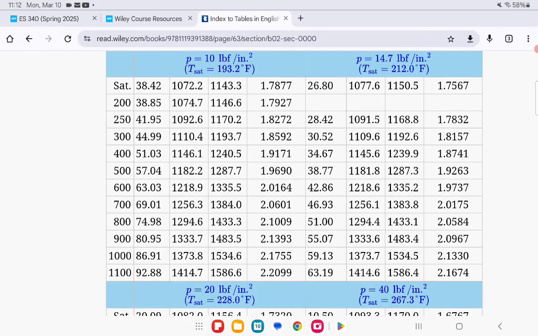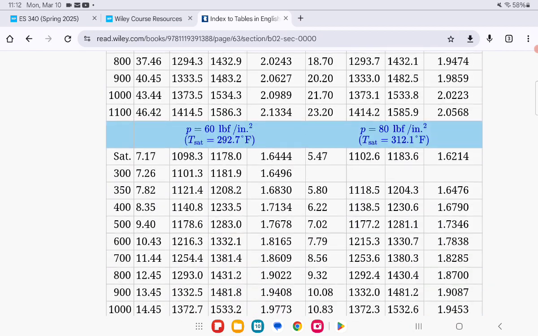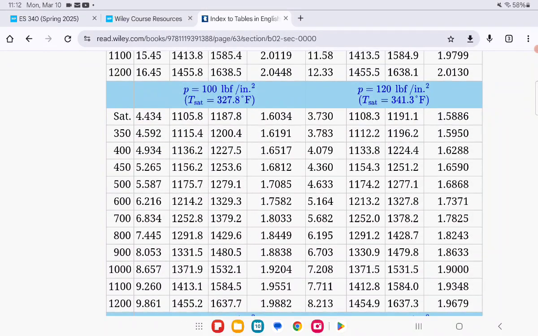It will give me an indication if I can't possibly be in the superheated regime based on the value of S. If the value of S ended up coming in lower than any of the values listed on the superheated table, that would indicate that we're in the saturated table, and we'd have to go back.